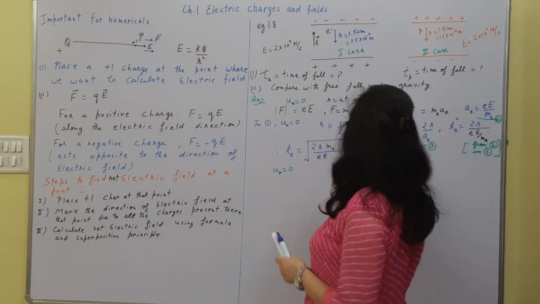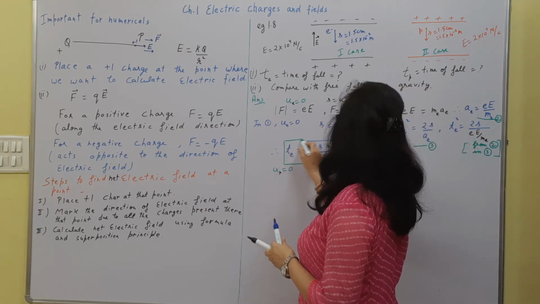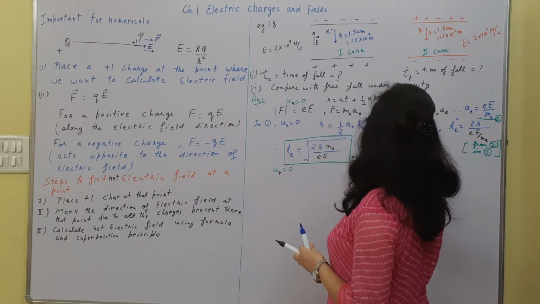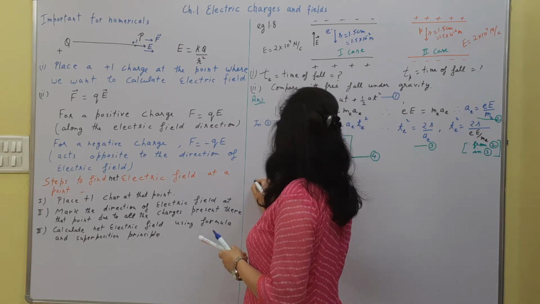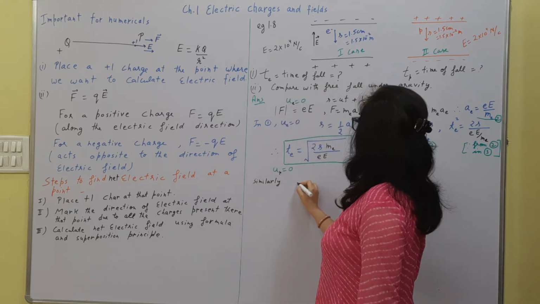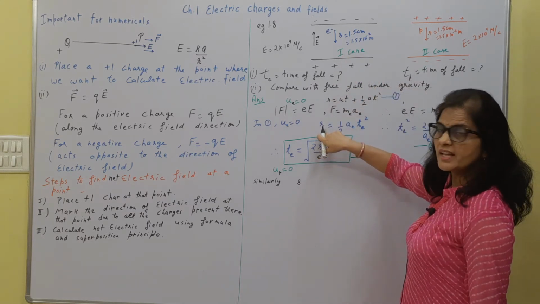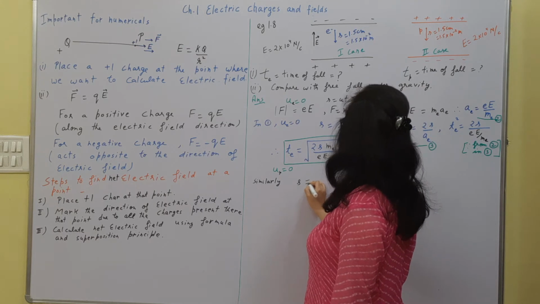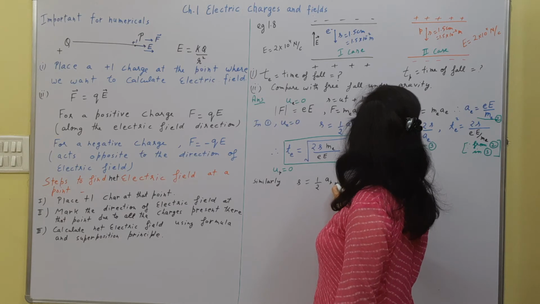Similarly, I can mark this as equation 4, and then I can mention that similarly s is same in both the cases, so that's why I am denoting this s by same, is equal to half a_p, acceleration of proton, into time of fall of proton whole square.